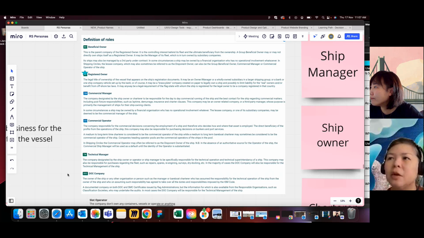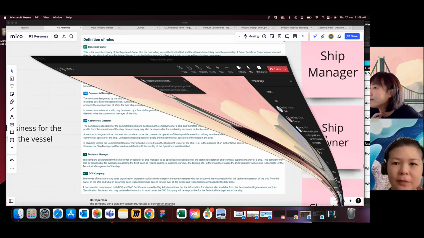So based on your understanding, a commercial operator is equivalent to a vessel operator. Yes. Is there any other role in this list that is related to a vessel operator other than commercial operator? No, I think it's only commercial operator. Okay, good. Thank you.